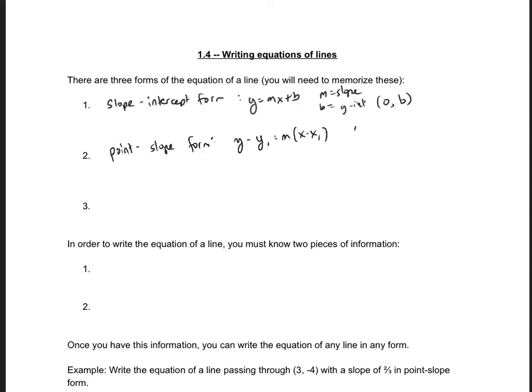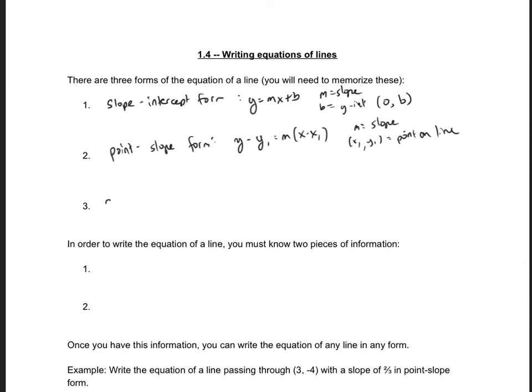In this case, m is the slope again, and (x1, y1) is a point on the line. So with slope-intercept, you need the y-intercept itself. With point-slope, all you need is a point. It doesn't have to be specifically the y-intercept.